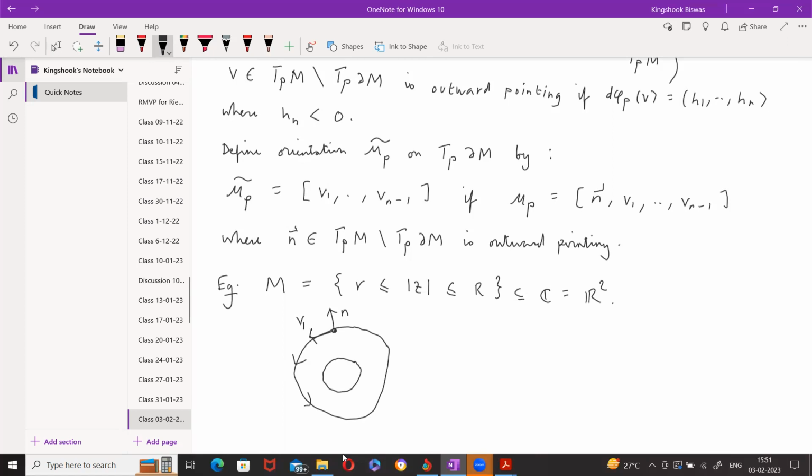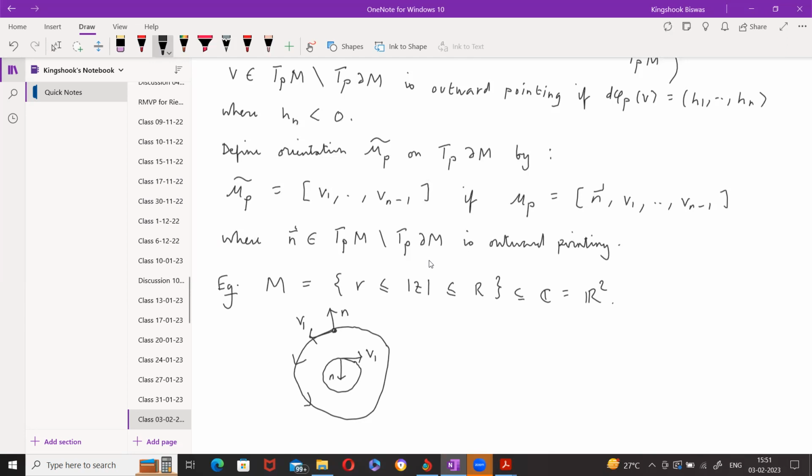Whereas if I look on this boundary component, here an outward pointing vector looks like this, right? If I want the standard orientation on R2, then my second vector V1 should look like this. If this is n, then n comma V1 gives me the standard orientation on R2.